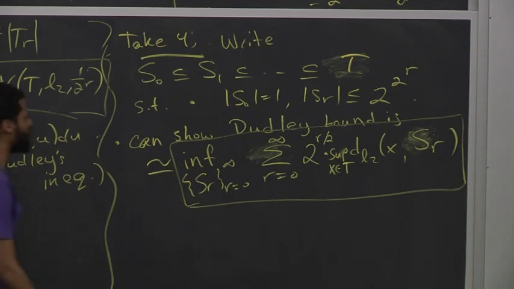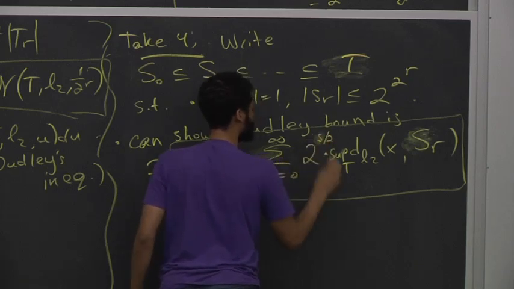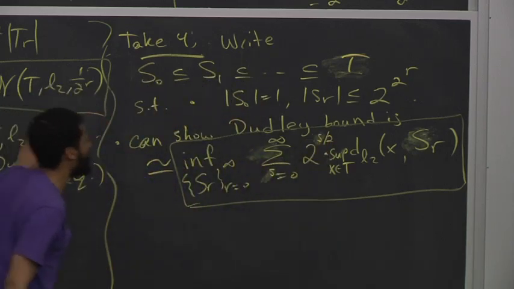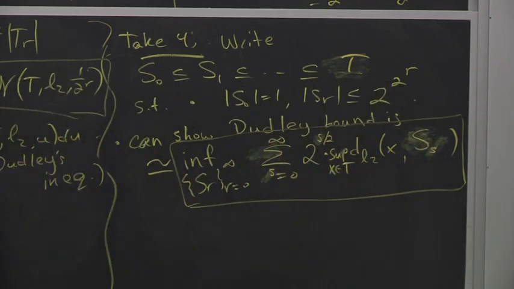Maybe so that it's not confusing, let me say the sum from s goes from 0 to infinity. For each r, I insist on having a 1 over 2 to the r net. And I want you to make the net as small as possible.